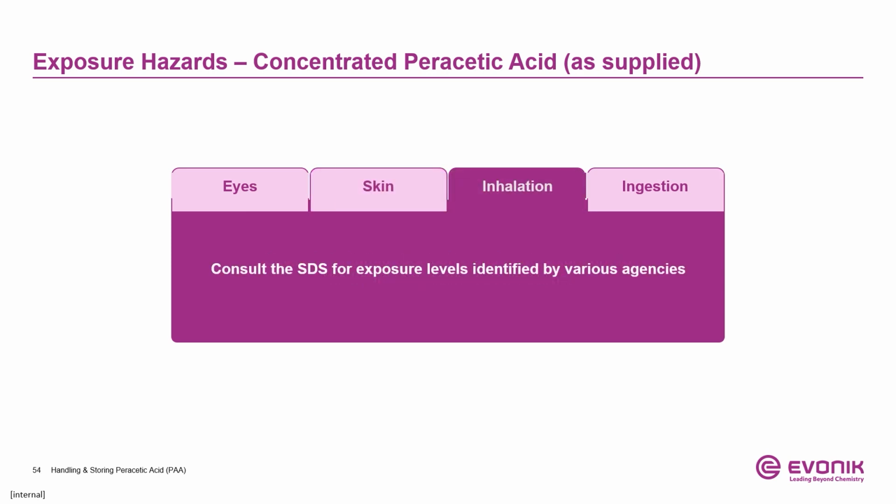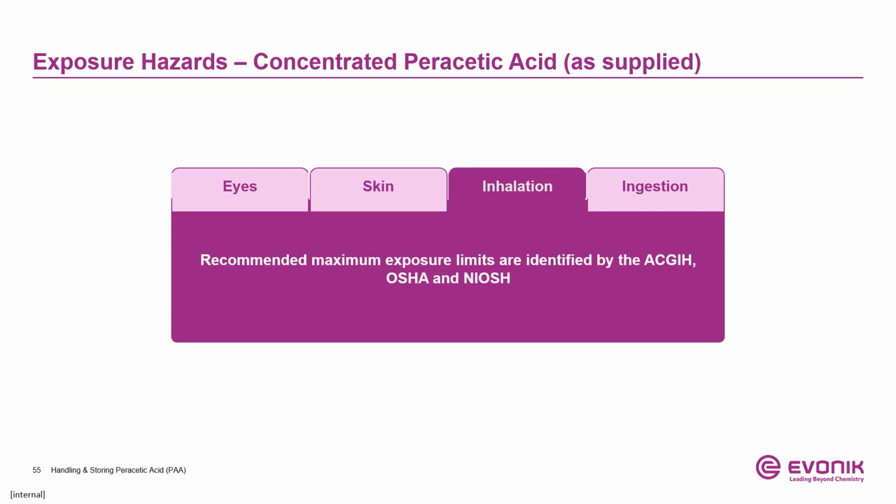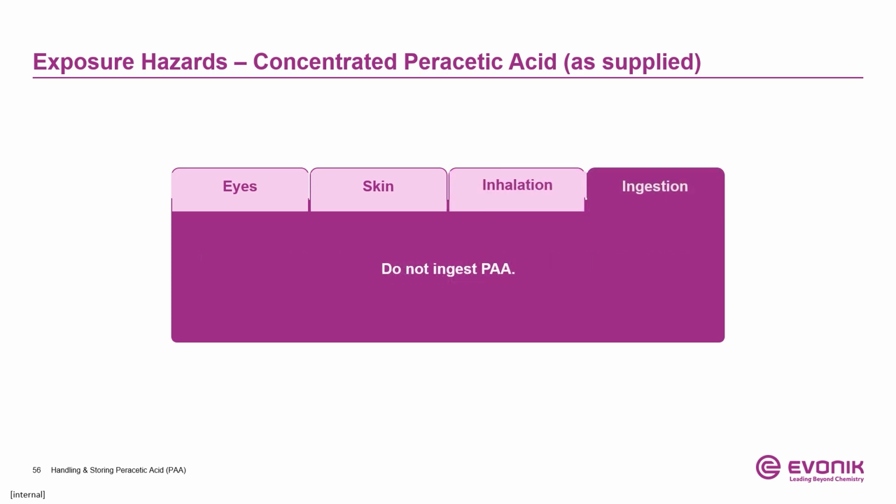Consult the SDS for peracetic acid industrial hygiene exposure limits. Recommended maximum exposure limits are identified by the ACGIH, OSHA, and NIOSH. Do not ingest PAA. Peracetic acid is slightly toxic by ingestion and can be corrosive to the esophagus and stomach.